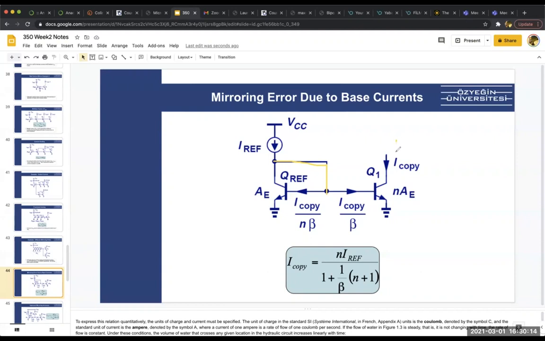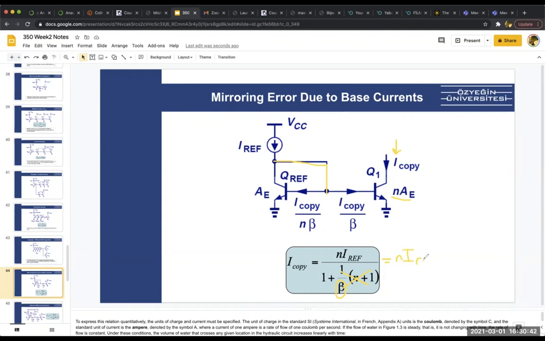The I copy actually will be dependent on your beta at some point. We are assuming here beta is infinite, like previously it was huge. So this would be 0, and your copy would be, if this IS is n times, which is scalable with the area, then you would be seeing n times IREF.